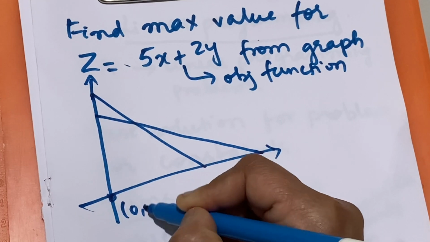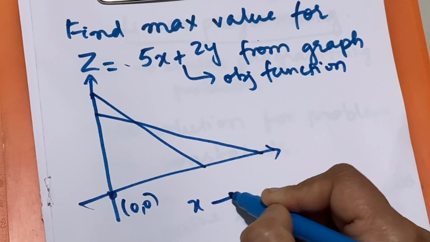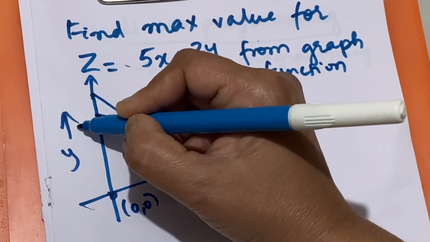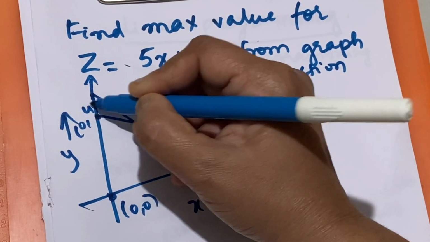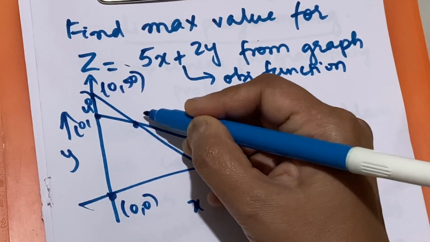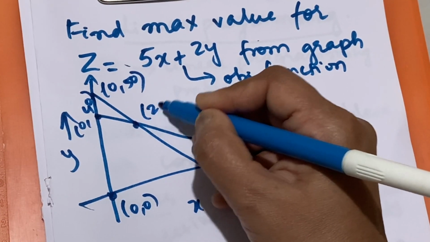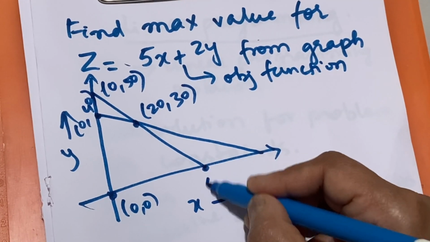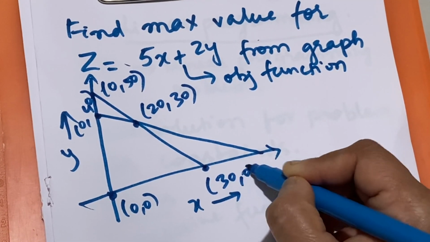This is the origin, this is the x-axis, this is the y-axis. I have some values here: 0, 40, 0, 50. This point of intersection is 20, 30. This point on x-axis is 30, 0.